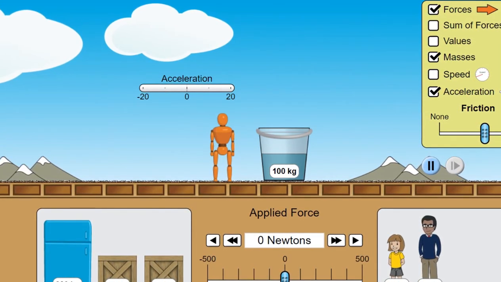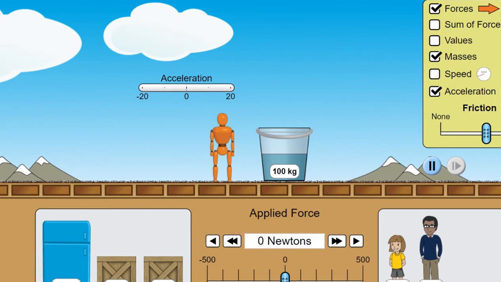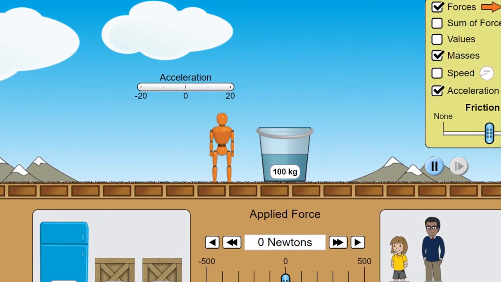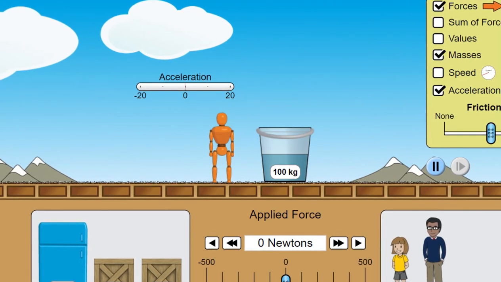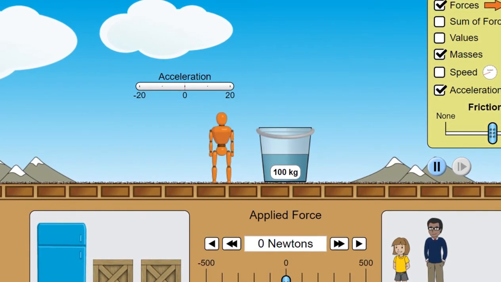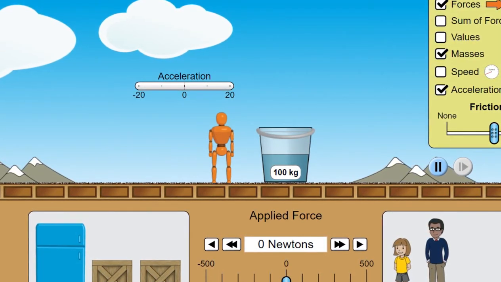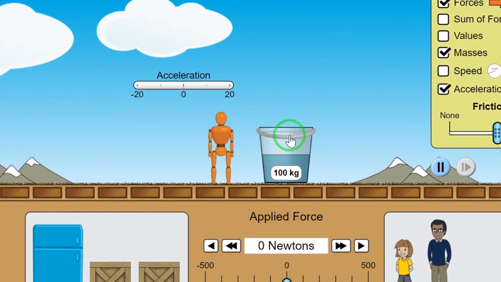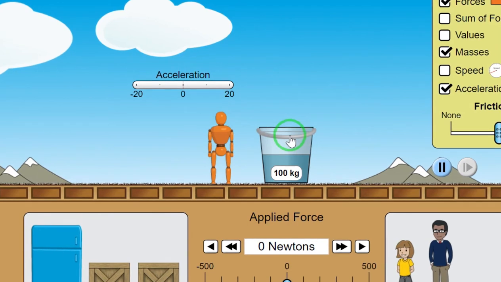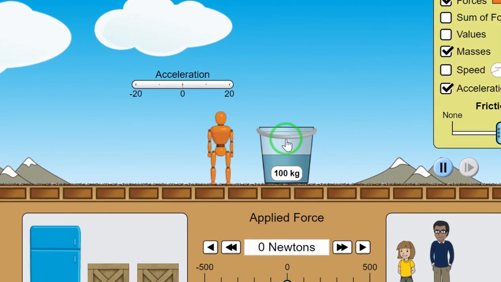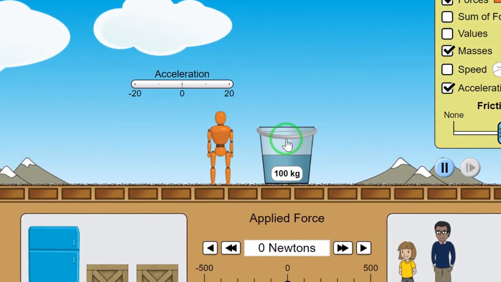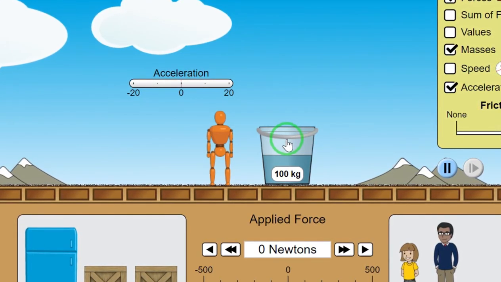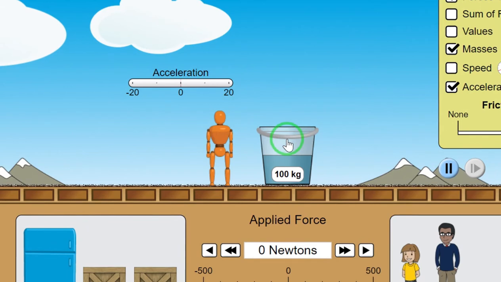Okay, we are here to understand what is Newton's second law of motion. Like we have learned in the previous video tutorial, Newton's first law of motion. And what is that first law? A body which is at rest continues to be at rest if there is no force on it which makes it move, right?